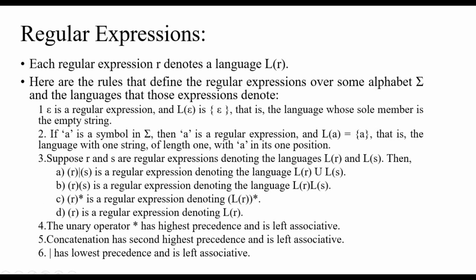Suppose there are two regular expressions R and S denoting the languages L of R and L of S. Then R or S is a regular expression denoting the language L of R union L of S. In a language you use the union sign; in a regular expression you use the OR sign, denoted by OR or plus sign.